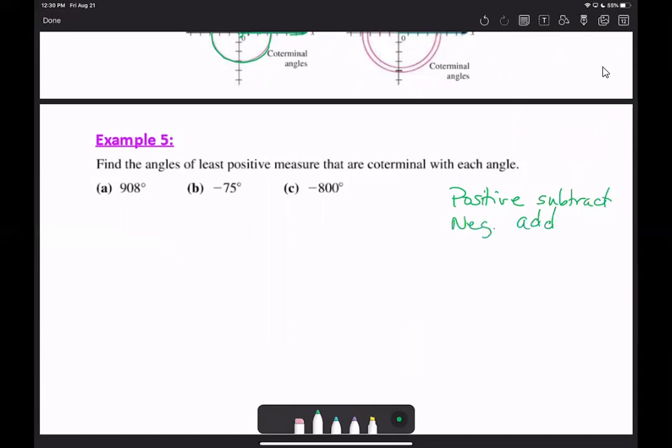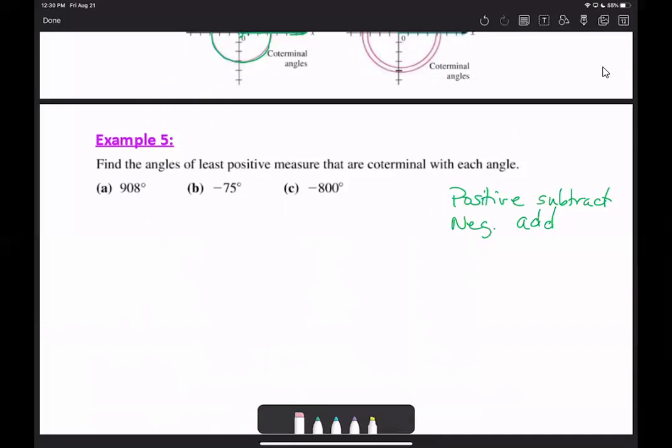So what I'm going to do, I can either say minus 360 and find my total, or keep doing that, or I can do multiples of 360, which I am going to do. I'm going to subtract 720, which is 2 rotations of 360. When I subtract, I get 188 degrees.